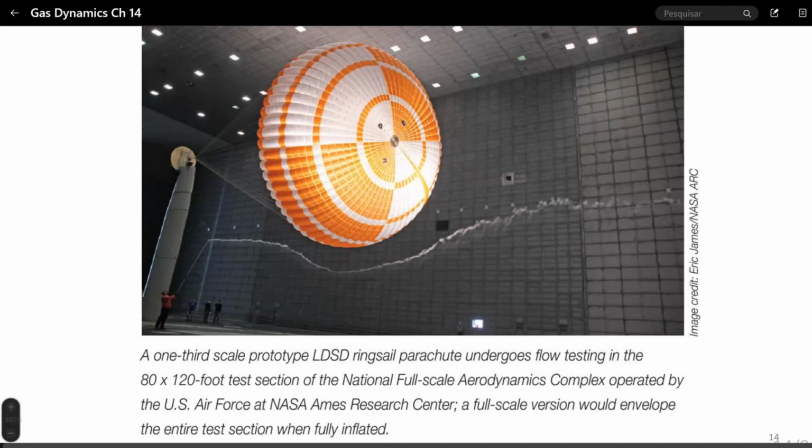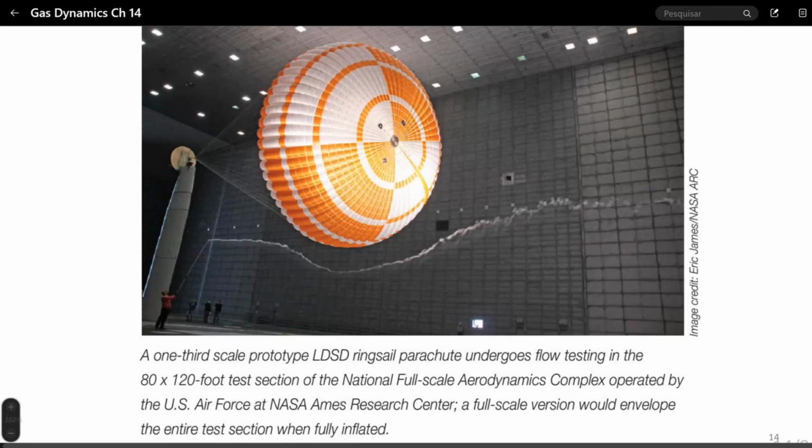The parachute used for this test is similar to the parachute of the real mission, but it has a small scale. You cannot put a 33-meter parachute in this wind tunnel, but a small scale test is important.